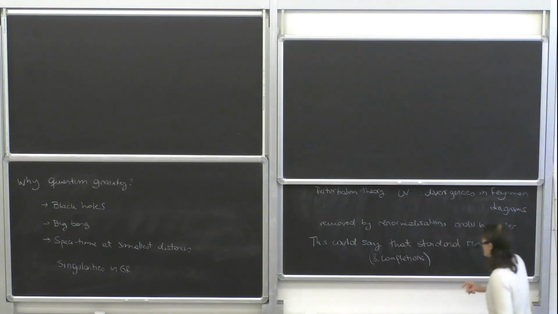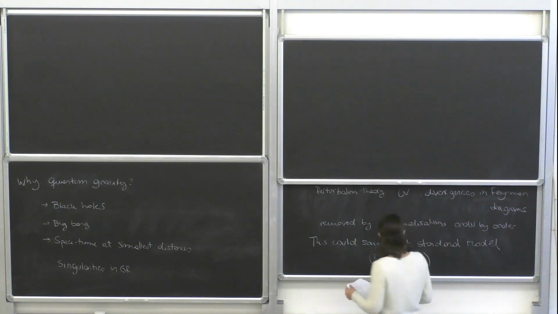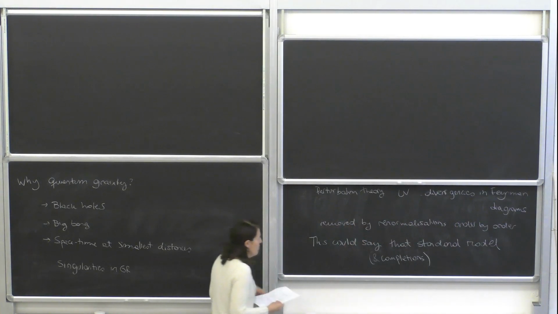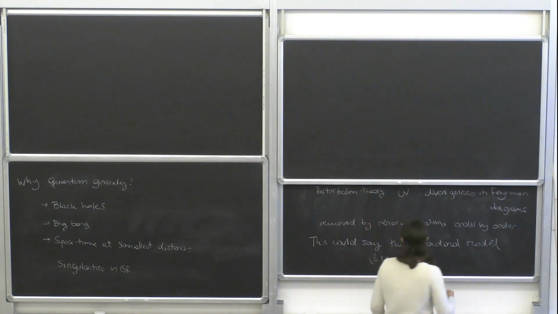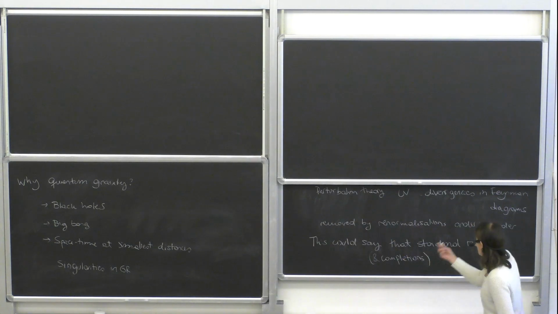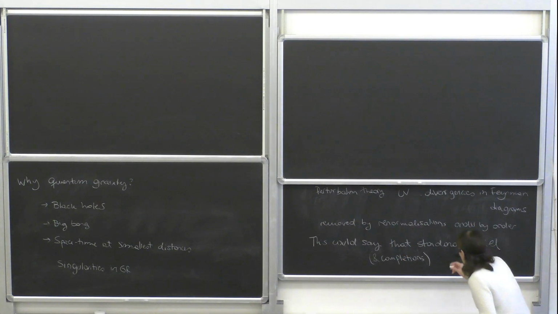I mean, we already know that the standard model is not complete because of neutrino masses, because of dark matter. So when I say standard model, I mean completions of the standard model, so beyond standard model, but as a quantum field theory. So this could say that the standard model and its completions are an effective field theory.